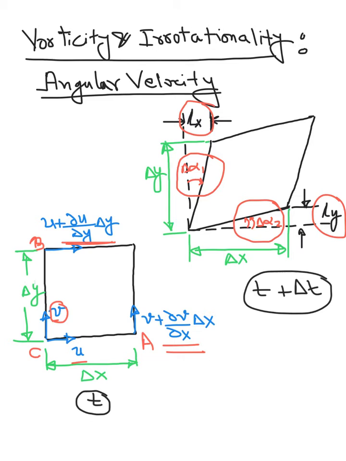Line CA is now CA prime, and CB is CB prime. So there is a change, a rotation: CA has been rotated to CA prime, and CB has been rotated to CB prime. This change in angle will help me determine the angular velocity of these two lines, and that will be determined utilizing the Lx and Ly.